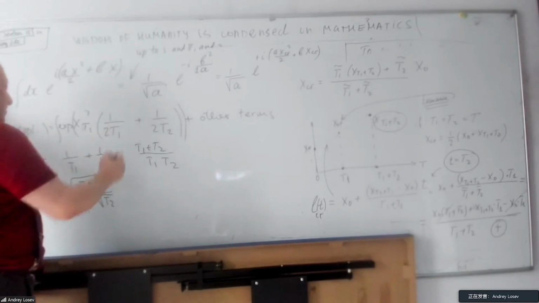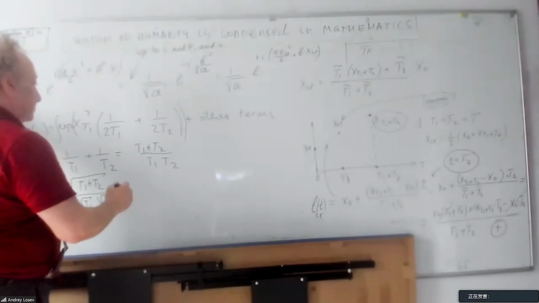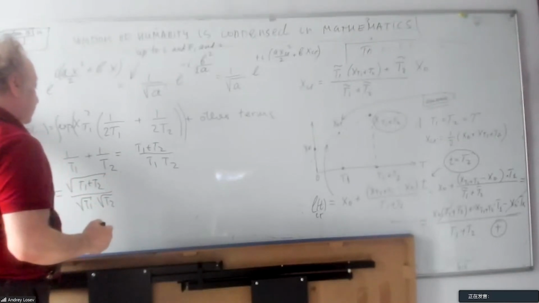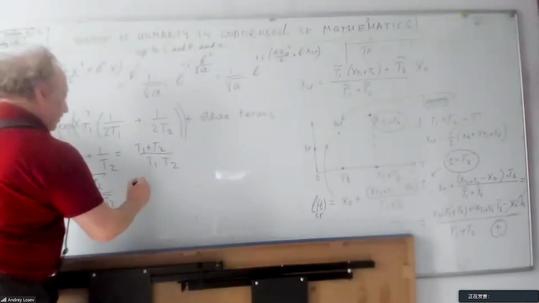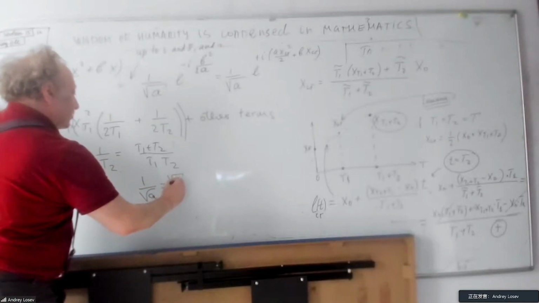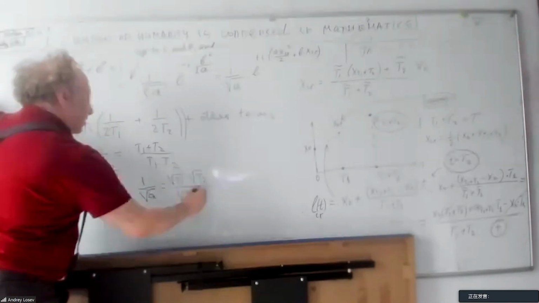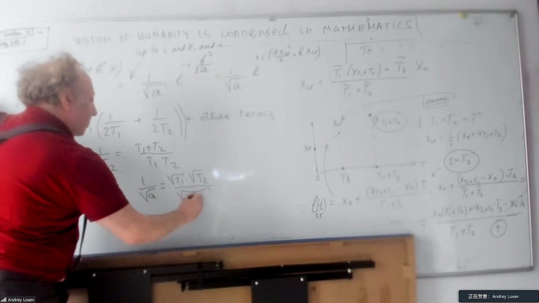So it means that in the prefactor, 1 over square root of A is square root of t1 times square root of t2 over square root of t1 plus t2.